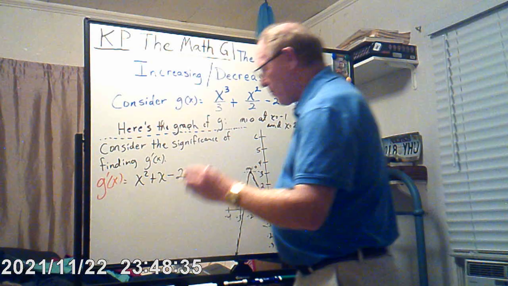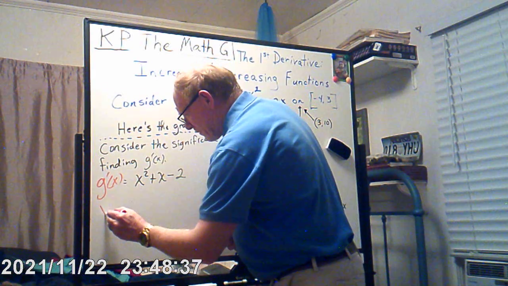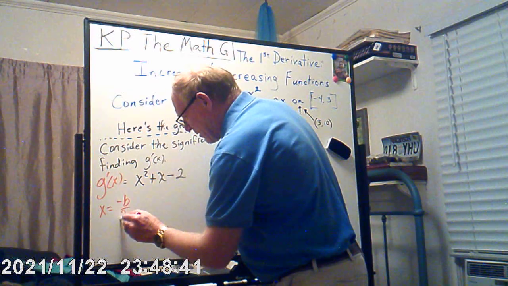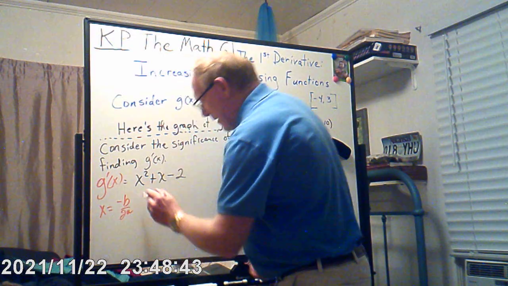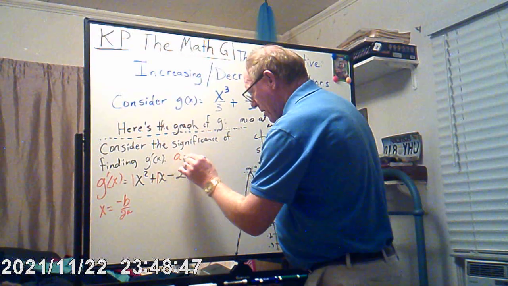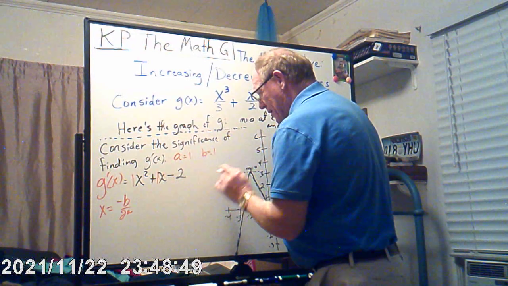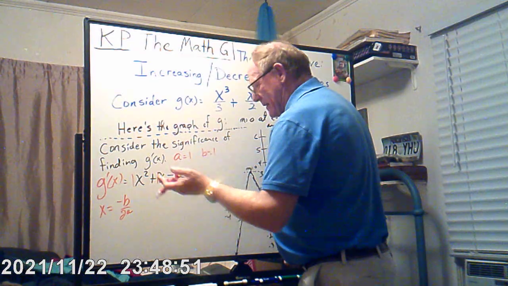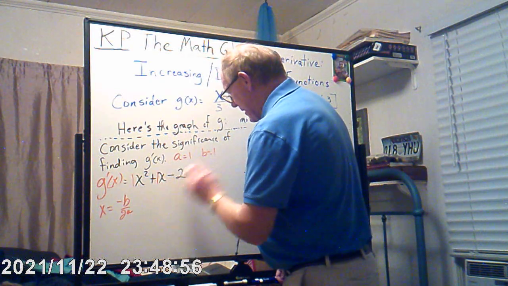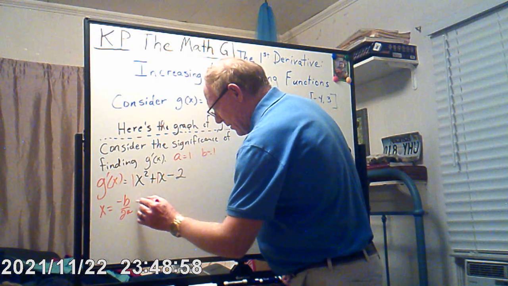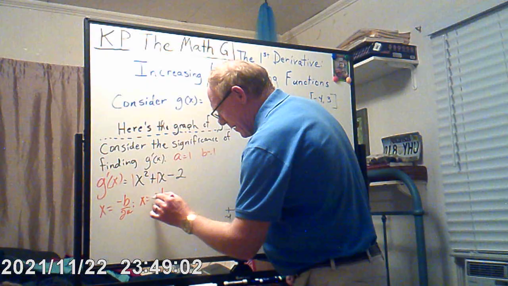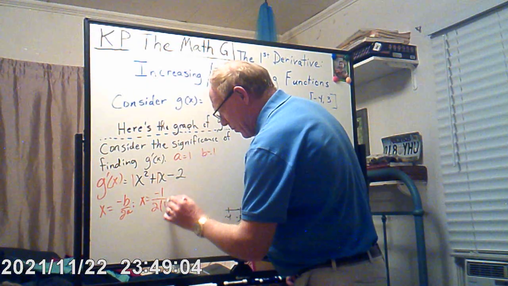Okay, so we know from algebra that x is equal to -b over 2a. Given that a is 1 and b is 1, I don't even need to worry about c. C is negative 2. I'm just looking at negative b over 2a. So x equals negative 1 over 2 times 1.